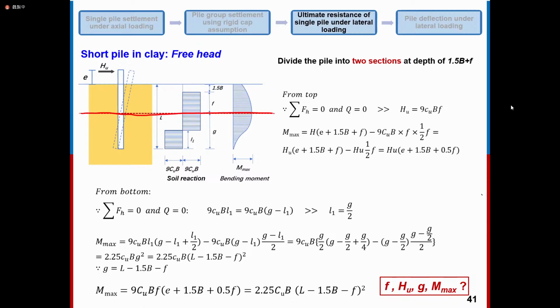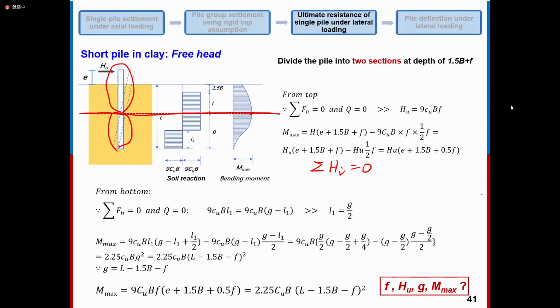You see, we cut it here. This position is where the maximum moment happens. Then we consider the horizontal force equilibrium. We can take this section for the equilibrium checking, and we can take the bottom section for the equilibrium checking. We can establish the equation and cut it.